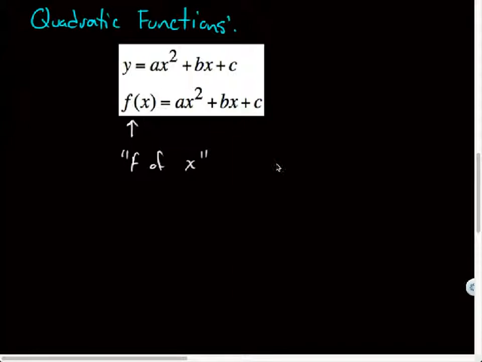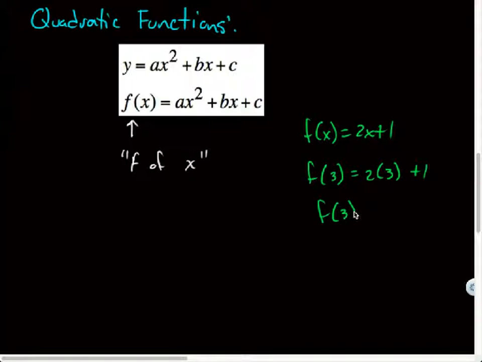So let's say, real quick example, side note, little recall. If I had f of x equals 2x plus 1, and I wanted to calculate f of 3, that means I'm plugging in 3 for x, right? So that'd be 2 times 3 plus 1, and I'd get f of 3 equals 7, because 6 plus 1 is 7.